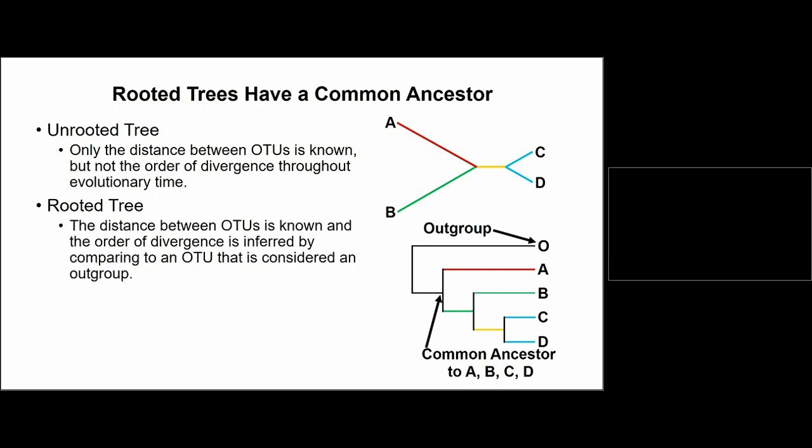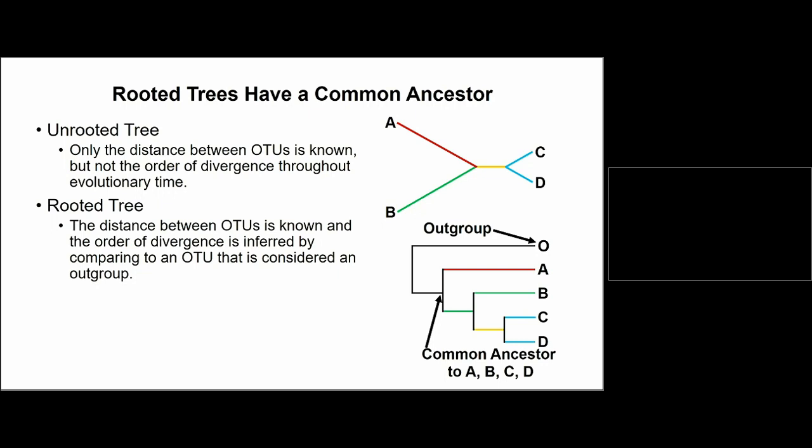In a rooted tree, not only can we tell the distance or the changes that have happened between A and B, but we can also figure out when the divergence happened, or when they had a more recent common ancestor. So if you look at C and D, they had a more recent common ancestor than B did to C and D, right? So you can tell when the divergence happened.